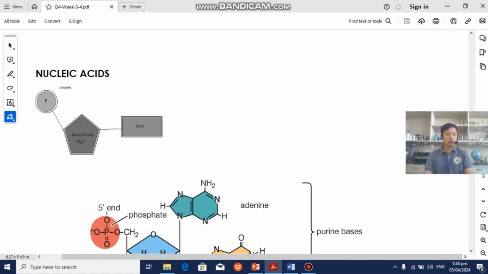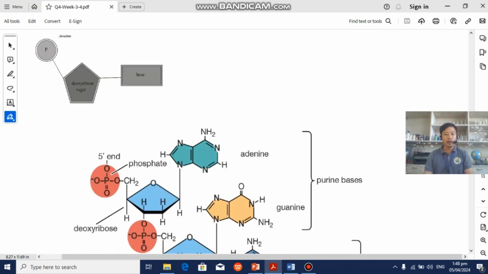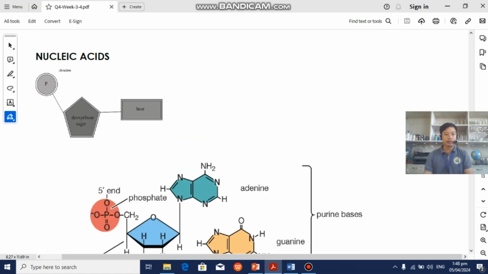It is composed of the phosphate group, a sugar group, and nitrogenous bases. So that is also found in nucleic acid, because nucleic acid is a building block of our DNA.